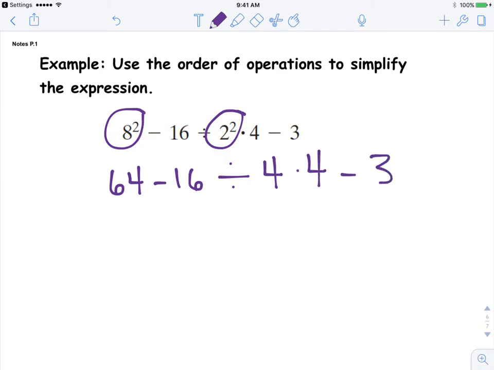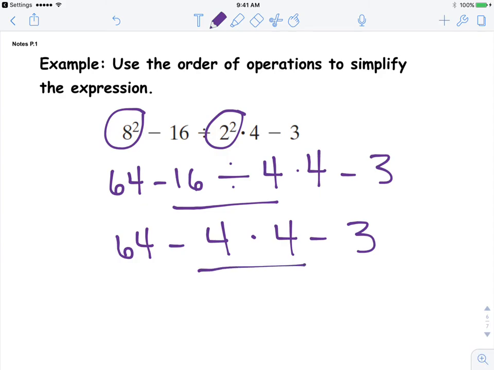Then we take care of our multiplication and division left to right. So here's our first division. -16 divided by 4 is -4. Bring everything else down. Then we'll continue on with multiplication and division left to right. So -4 times 4 is -16.